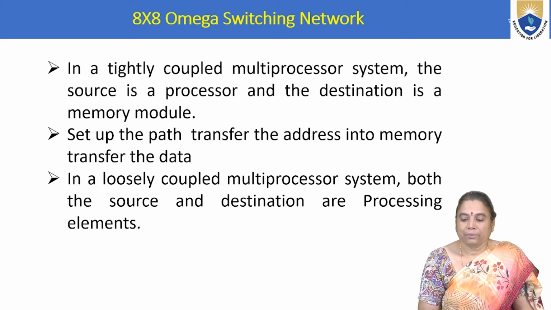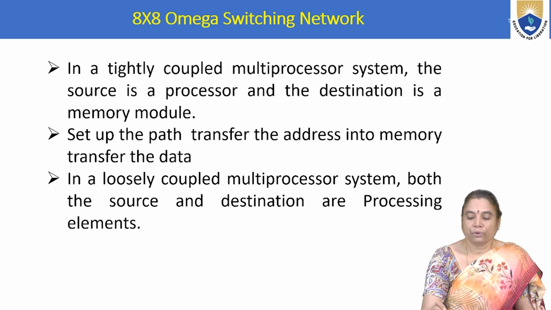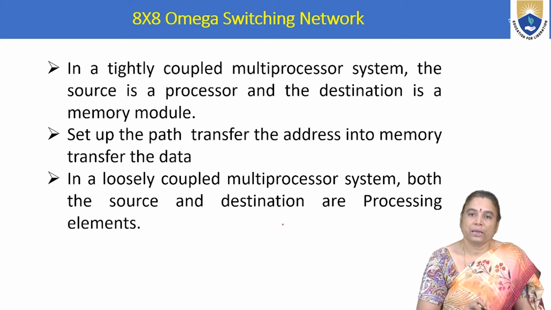So the address has to be transferred via the communication path. Address, information and control signals can be traversed. In a loosely coupled multiprocessor, both the source and destination are processing elements. So the 8x8 omega switching network is generally used in tightly coupled multiprocessor systems.